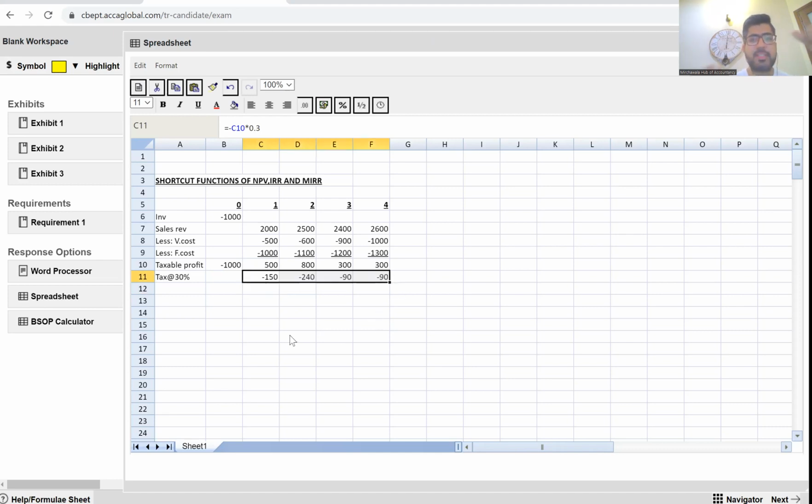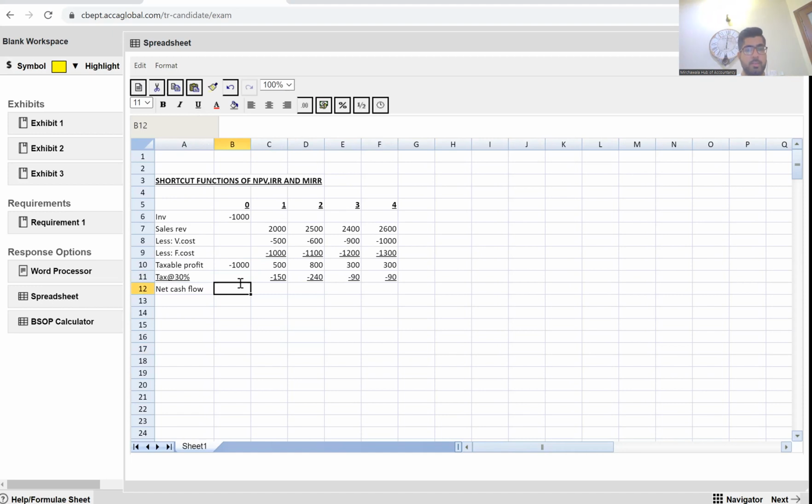After tax, if there is any scrap and etc., you add it. Nothing. Okay, fine. You net them all to get net cash flow. So it's B6 and it's the sum of C10 to C11.